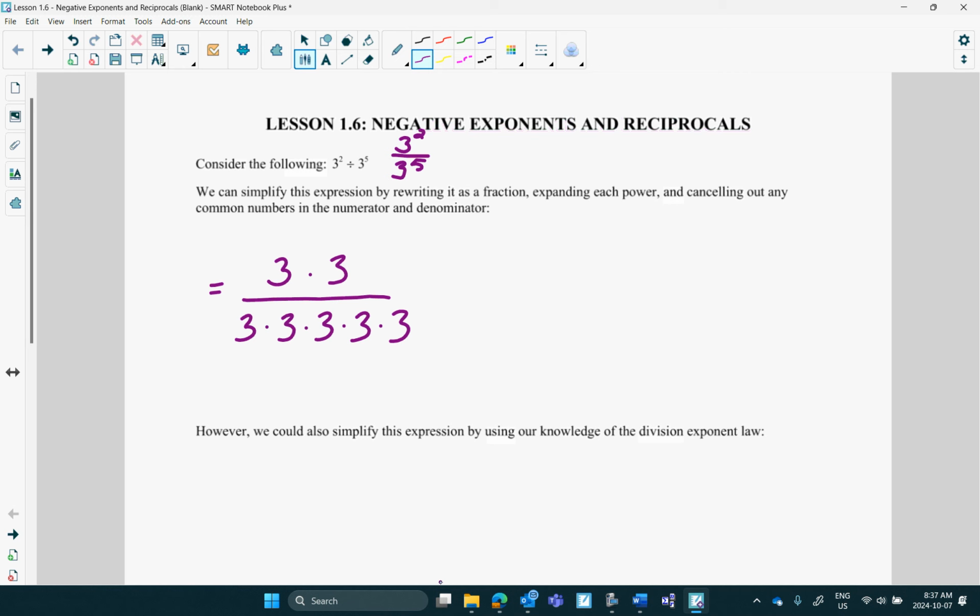Can I do anything with some 3's to make this easier to work with? Yeah. Those reduce to 1. So what's that pair? But then there's no other pairs of 3's that I can reduce.